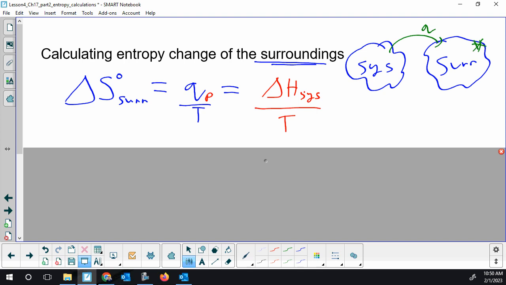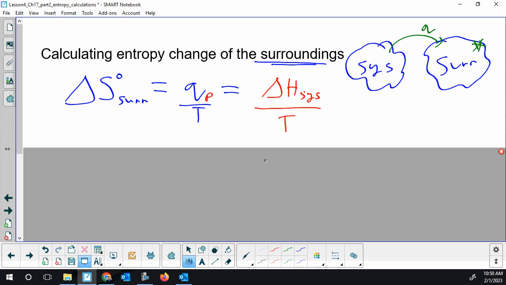Okay. If heat Q is pushed to our surroundings, okay, what's the entropy going to do? Is it going to increase or decrease when heat is pushed to the surroundings? Okay. When something gets hotter, the entropy goes up.